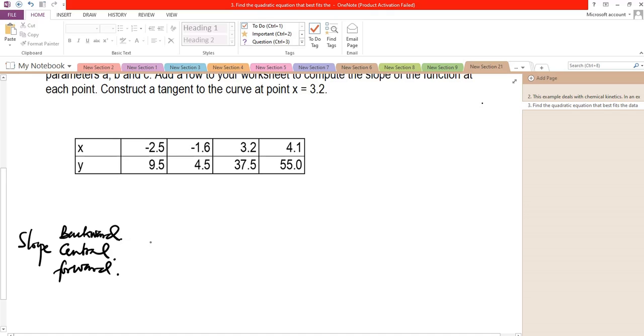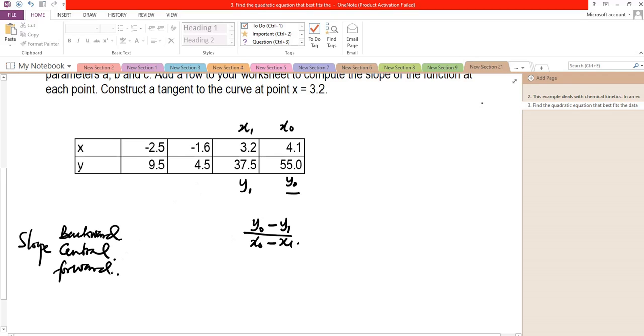Now for backward slope, you are assuming here this point is your y0 and this is your y1. Now this is your x0 and this is your x1. So for backward slope, you have y0 minus y1 all over x0 minus x1. This is the backward slope.